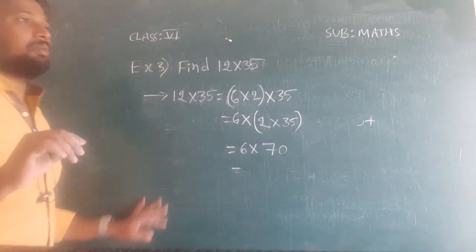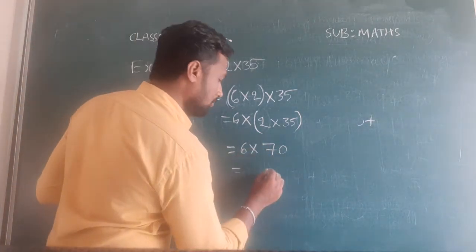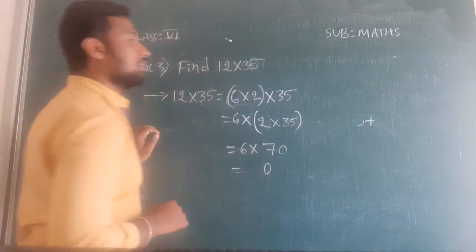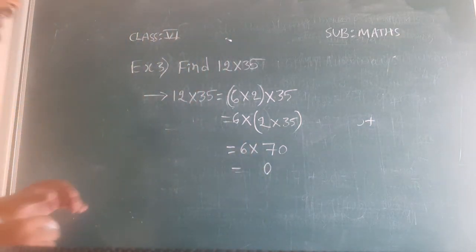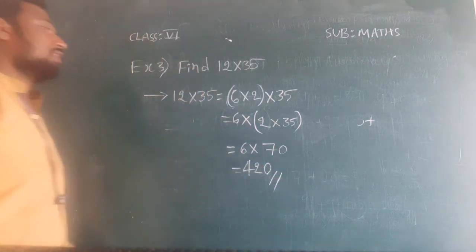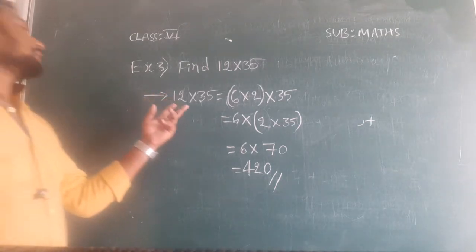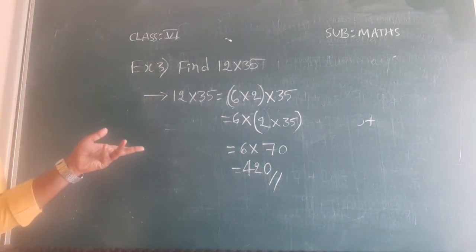Any number multiplied with 0, you will get 0 only. So 6 into 0 means 0. Next 6 into 7, what you will get? 42. So 420 we will get when we multiply 12 into 35. Directly if you want to multiply 12 into 35, that is difficult.